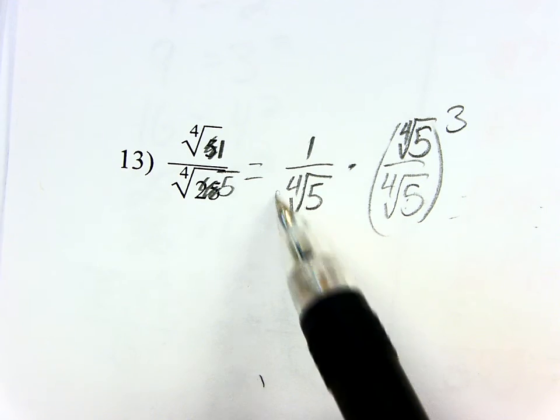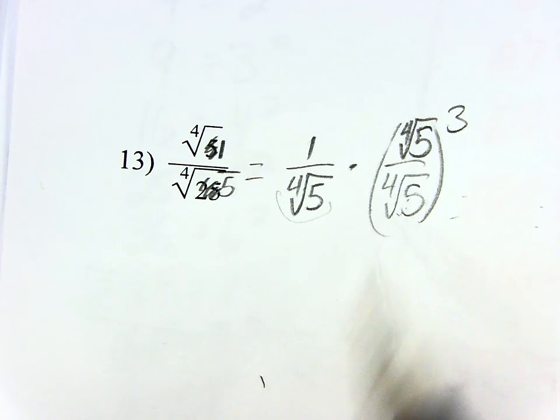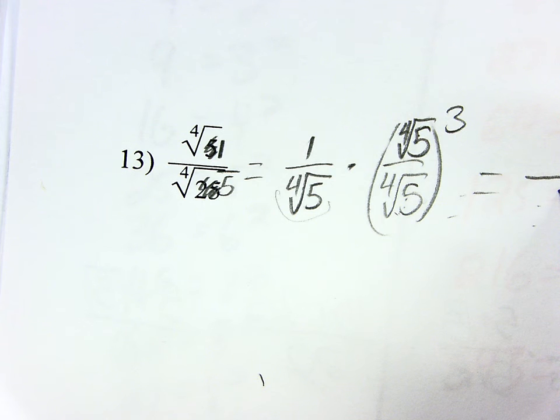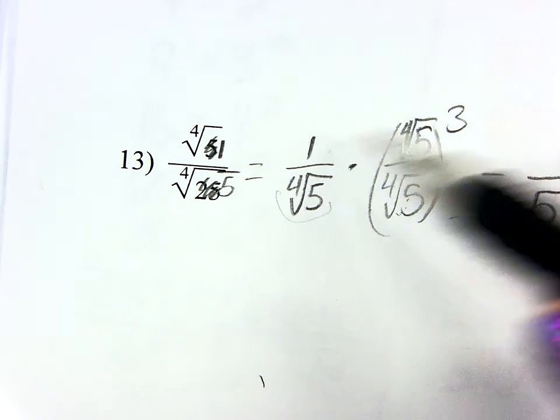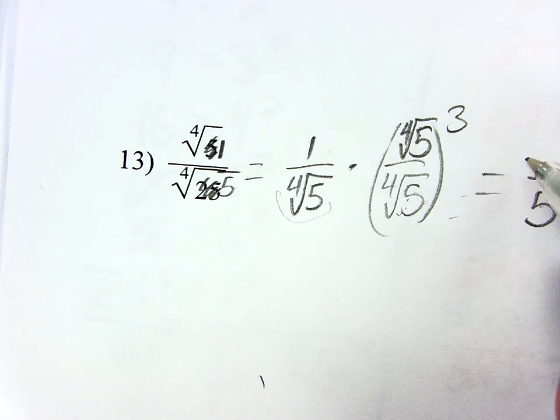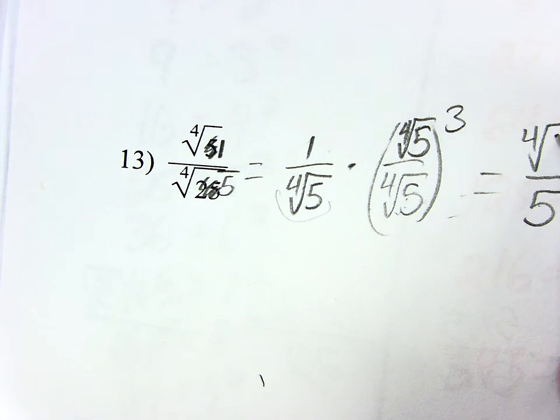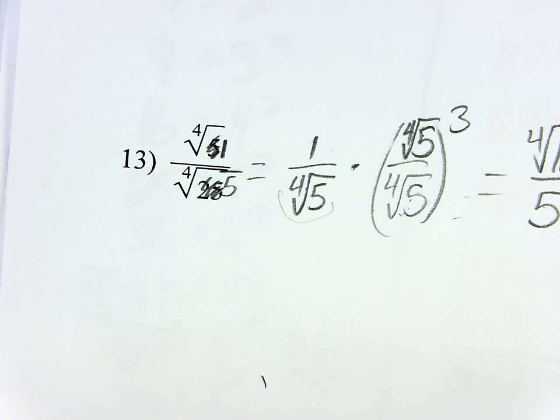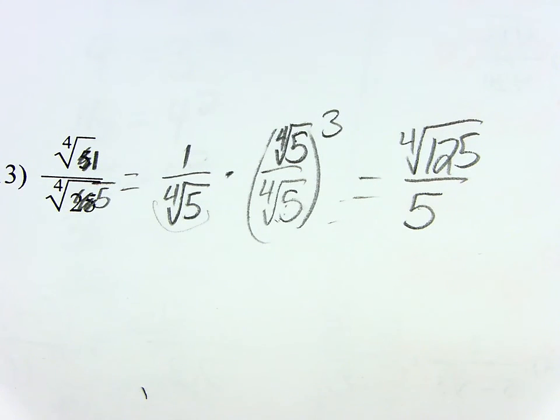So then altogether I'll have 1, 2, 3, 4. So my denominator will come out to just be, what's your denominator? Just a 5. In my numerator, I have to do 1 times the 4th root of 5 cubed, so that's the 4th root of 125. 5 times 5 times 5. Yep. And there's my answer.